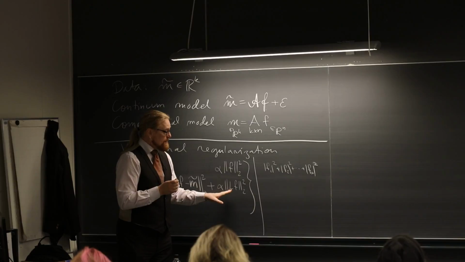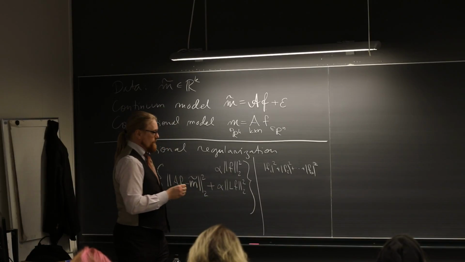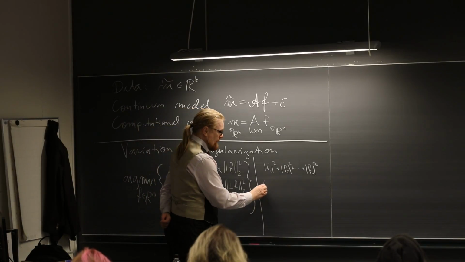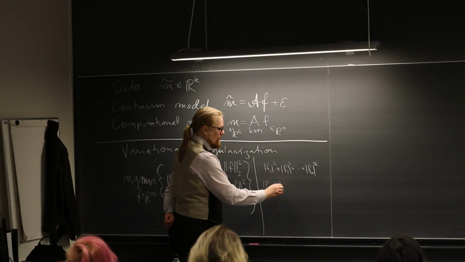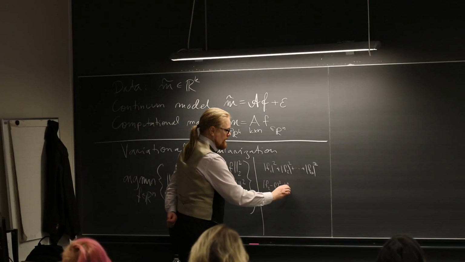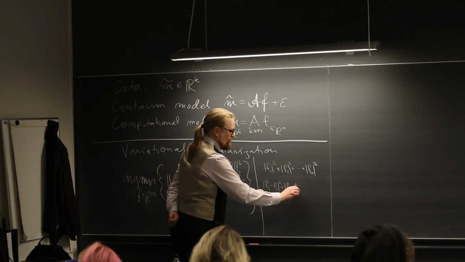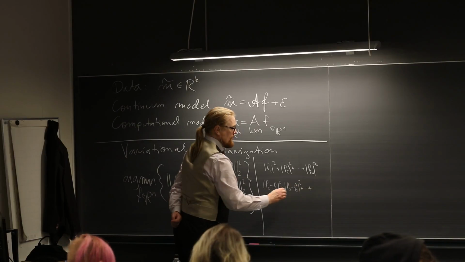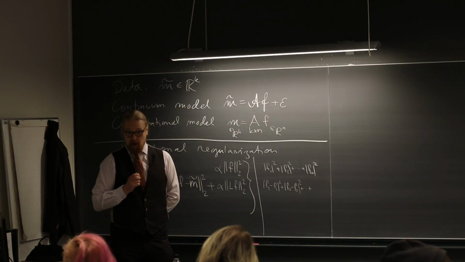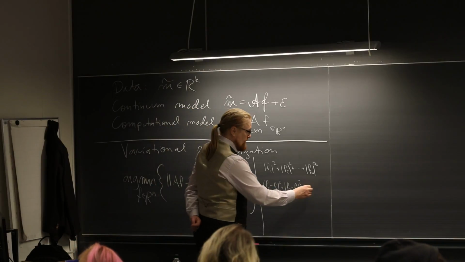And writing it in a very simple form, we would just have f2 minus f1 squared plus f3 minus f2 squared and so on until the end, depending on the boundary values we want to enforce.